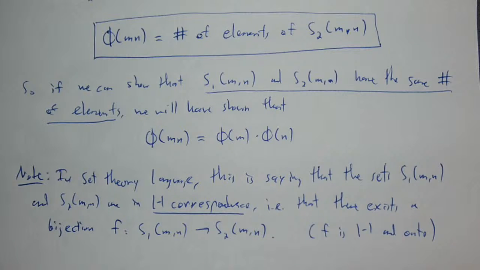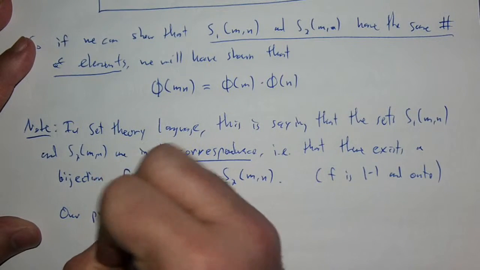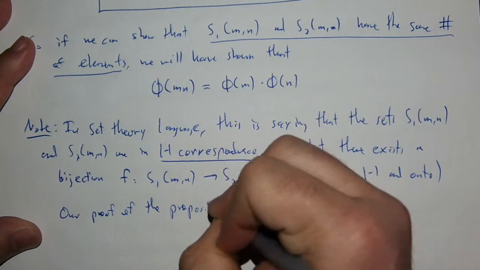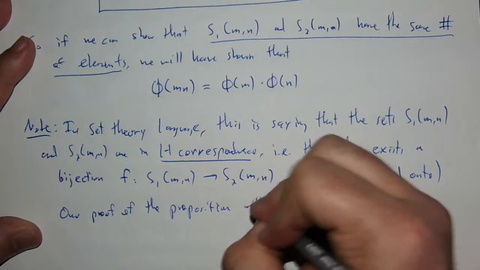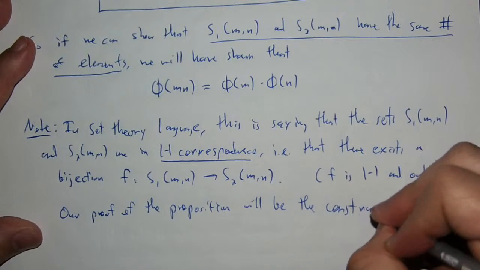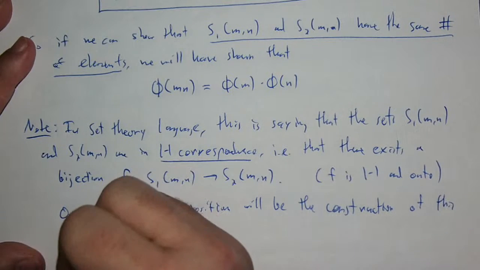And then if we show that this function is one-to-one and onto, we're done. Okay, so our proof of the proposition will be the construction of this bijection F.